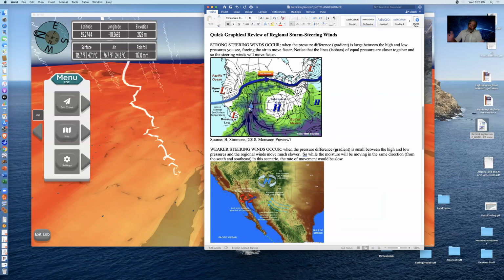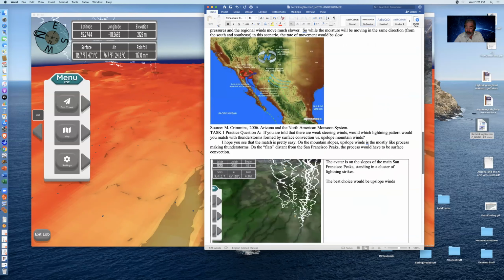Where there's a strong pressure gradient between these big pressure cells, you can get a strong flow of air, and the storms will move quickly over the landscape. In other cases, the gradient between these pressure cells is much lower, and the airflow is much more sluggish.